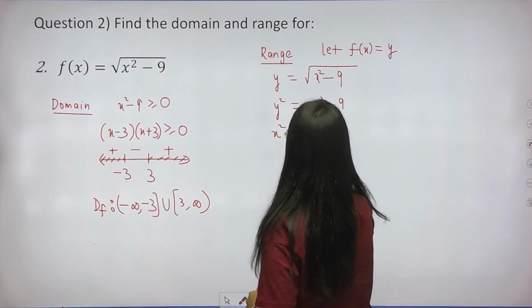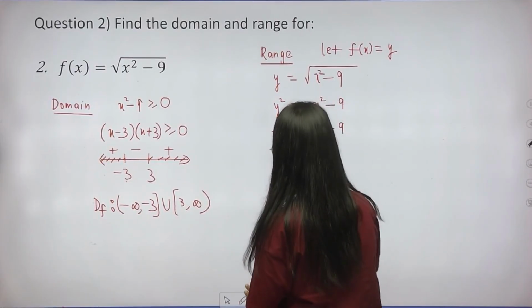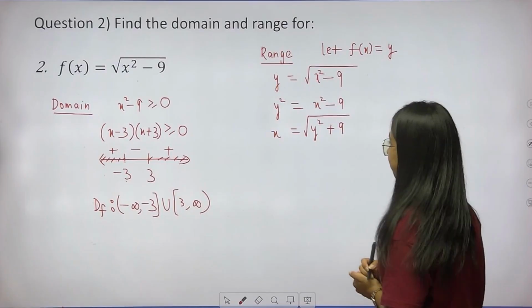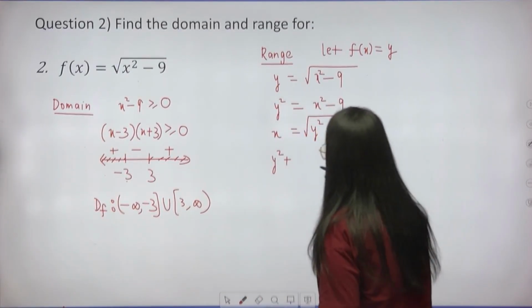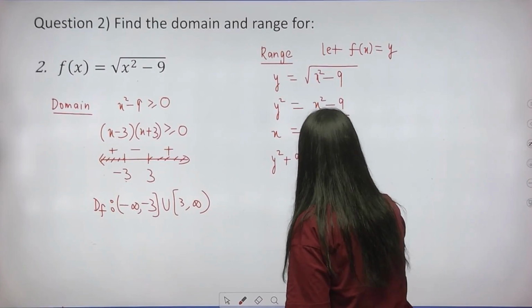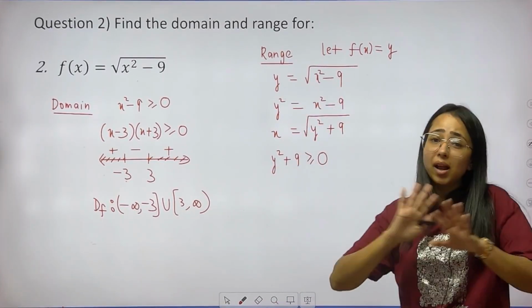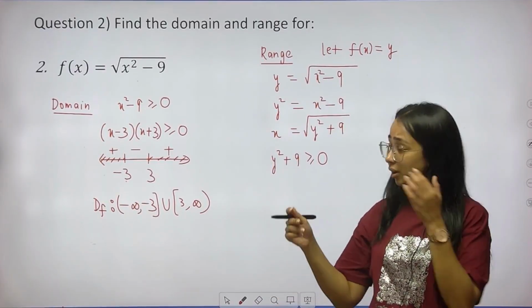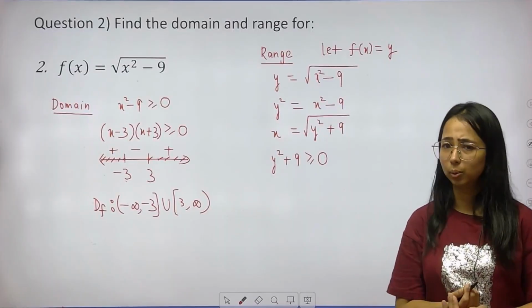Now the value of x square becomes equal to y square plus 9, and the value of x becomes under root of y square plus 9. Okay, so basically y square plus 9 will be greater than or equal to 0. Here, we can take all the values of y, because any negative as well as a positive y will do it as a square, then it will definitely be greater than or equal to 0.